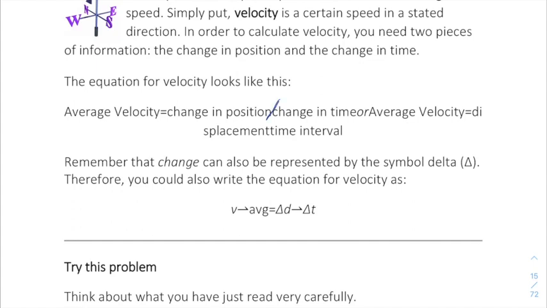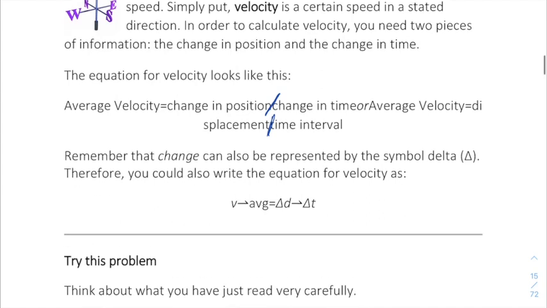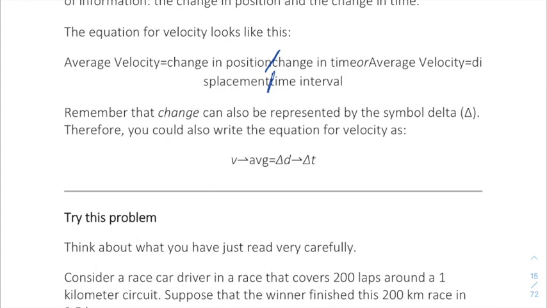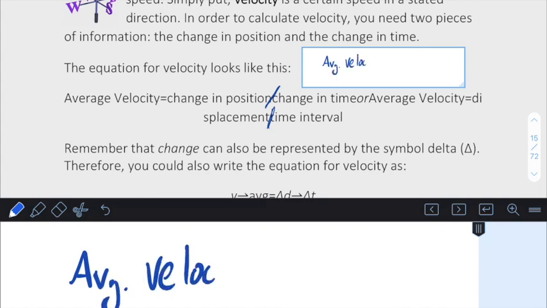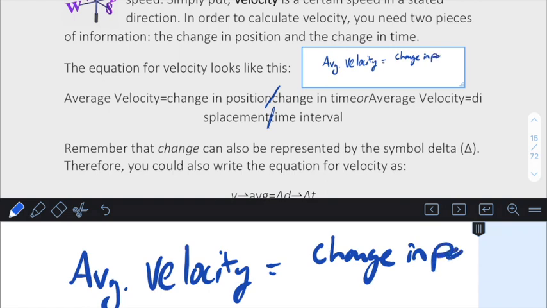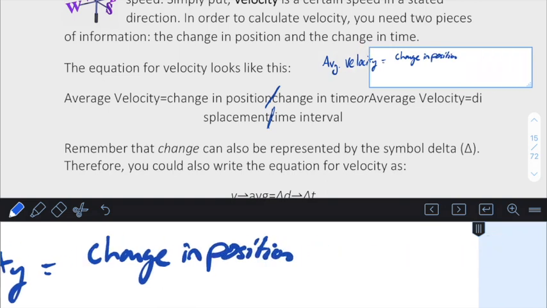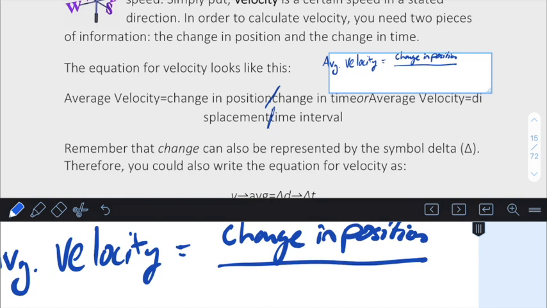There's a little description here of the equation for velocity, and there's a little bit of an error. There's supposed to be a division sign here, the average displacement divided by a time interval. We'll get that edited out one of these years. So I'm just going to write it up here. Average velocity is equal to change in position, or displacement, divided by time interval.